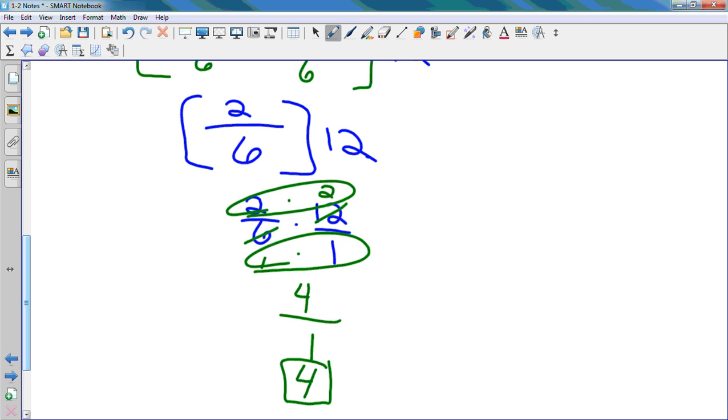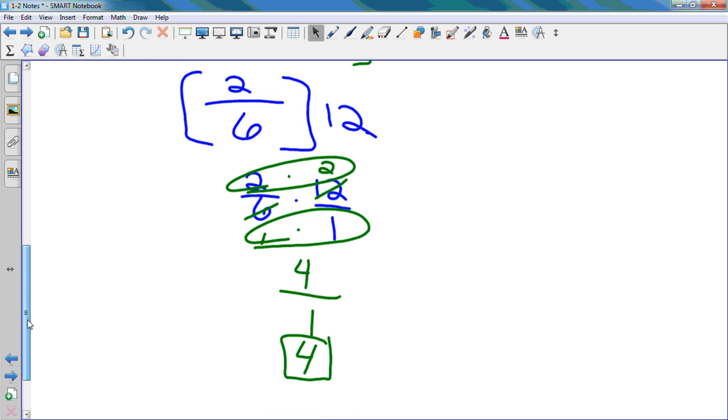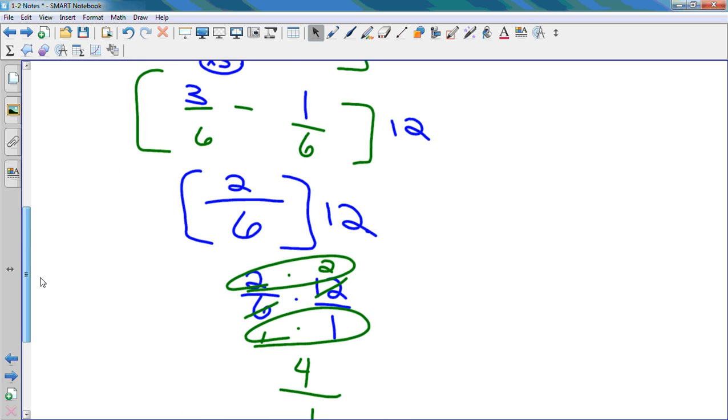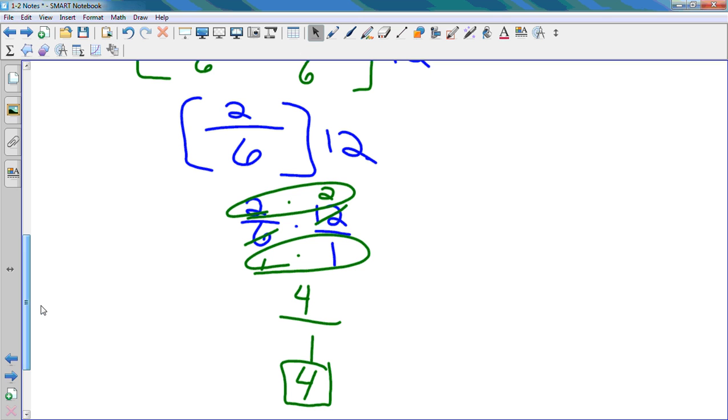Final answer. When I see your homework, I must see work. Yes, I will go wherever you need to go. Right here? There? Yep. Okay. I must see work.